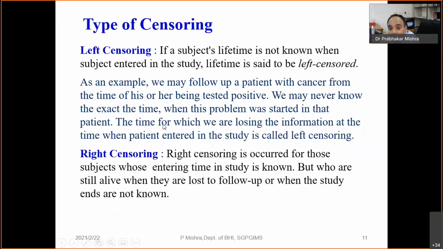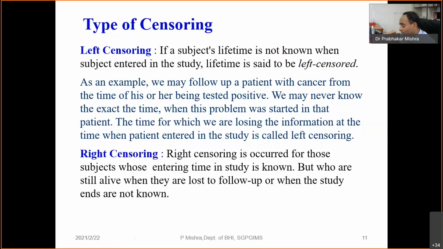So the types of censoring are left censoring and right censoring. Left censoring means, suppose one patient came to the hospital today and was diagnosed as a cancer patient today, 22nd Feb 2021.